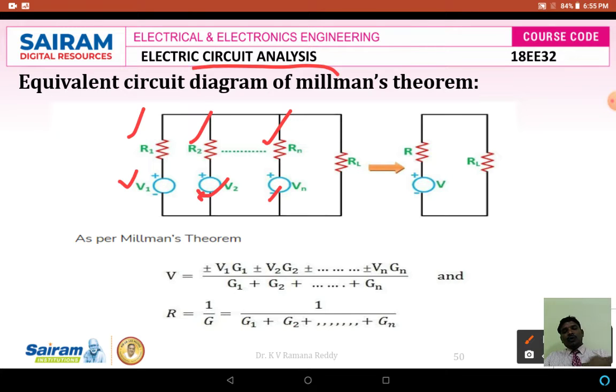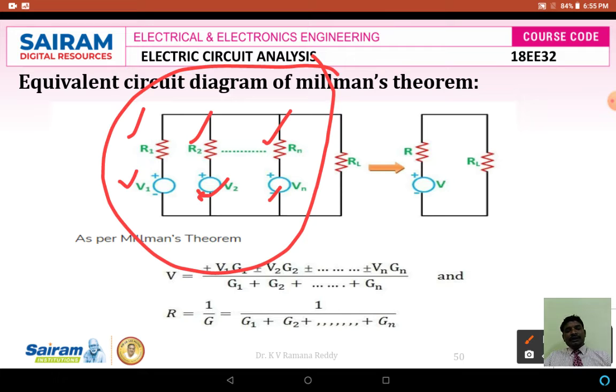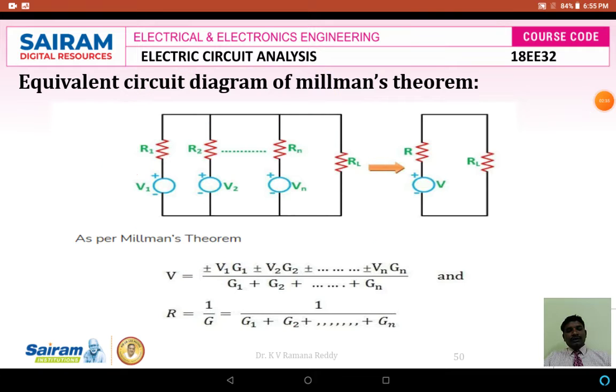Then the group of all these voltage sources and internal resistances can be replaced by a single voltage source V and a single resistance R, whose voltage source value V is equal to V1 G1 plus V2 G2 plus or minus up to Vn Gn, divided by G1 plus G2 plus G3 and so on up to Gn, and whose resistance R is equal to 1 by G1 plus G2 plus G3 and so on up to Gn.